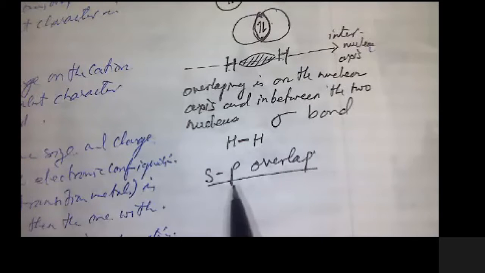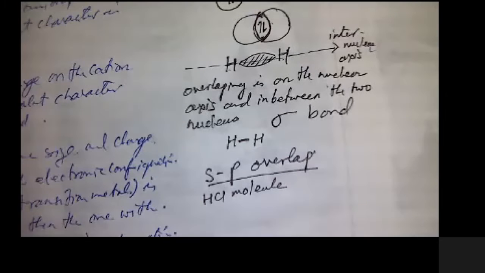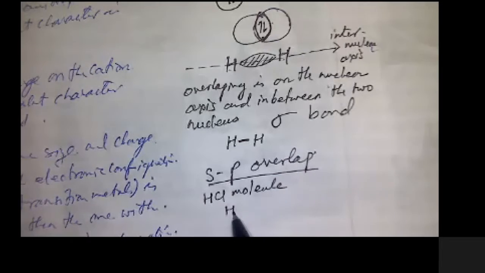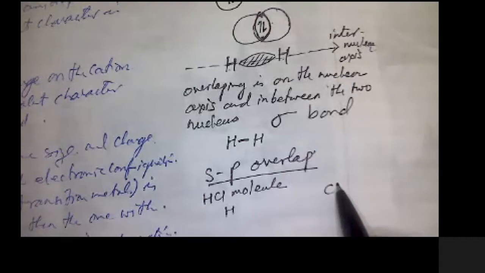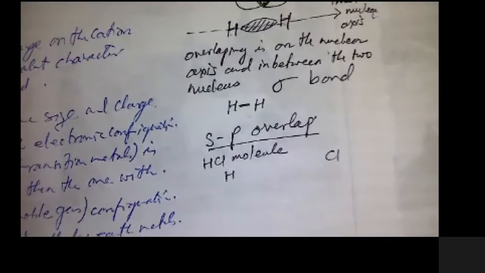To take this overlapping, we'll take an example again. We can take the HCl molecule. In this HCl molecule, you have a hydrogen and you have a chlorine. You have to know the configuration. Hydrogen, just now you have done, it is 1s1.